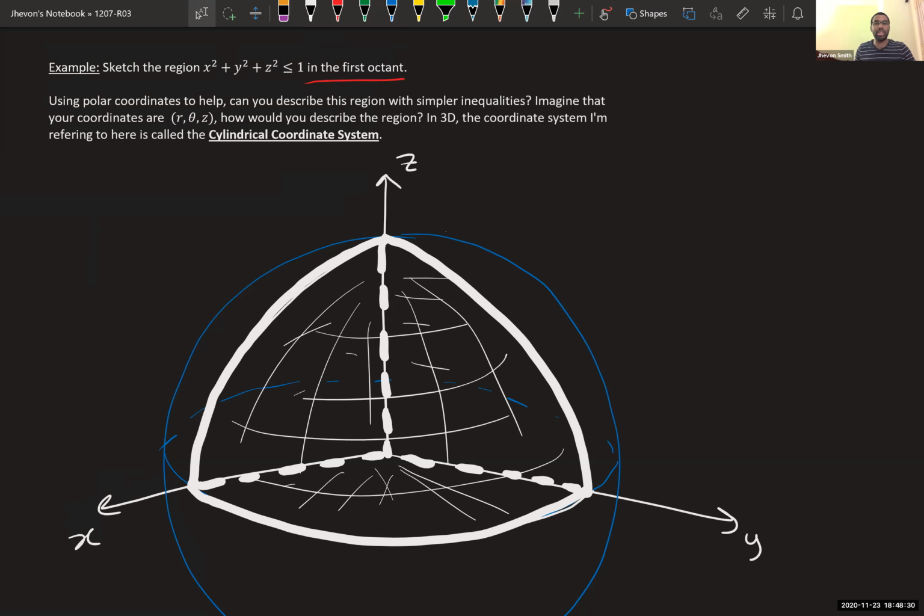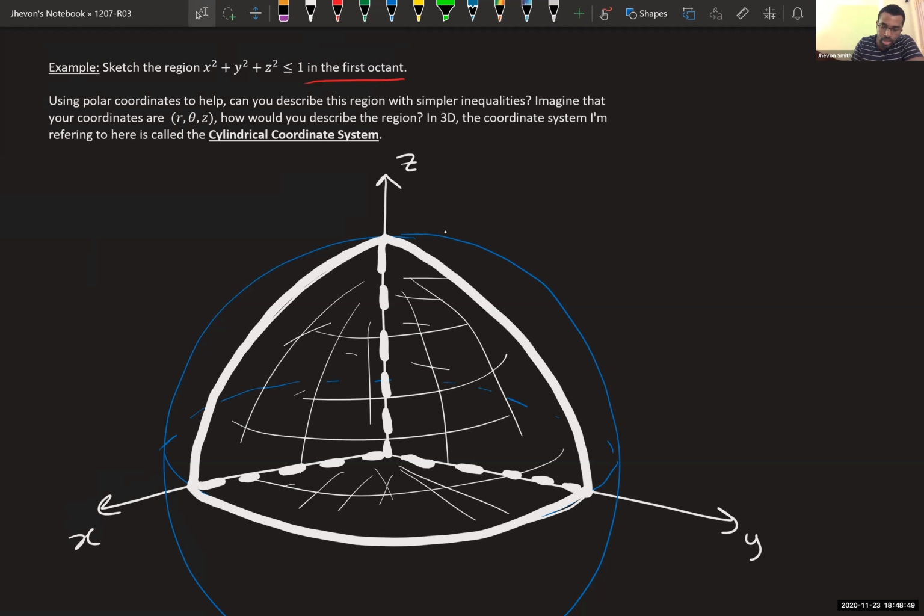So you can think of it as 1/8 of a solid ball. It includes all points inside as well, because it's x squared plus y squared plus z squared less than or equal to 1, so it would include the origin, etc.